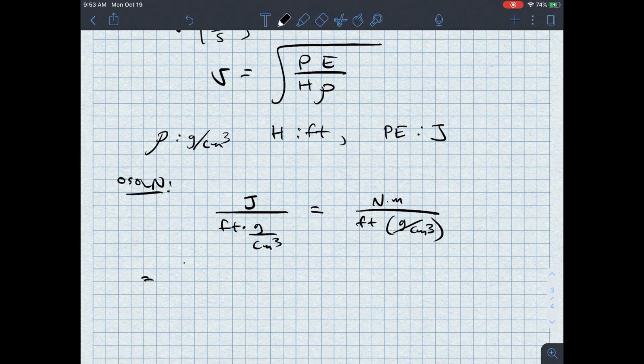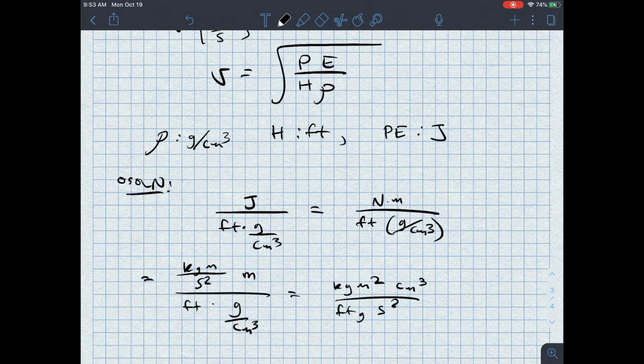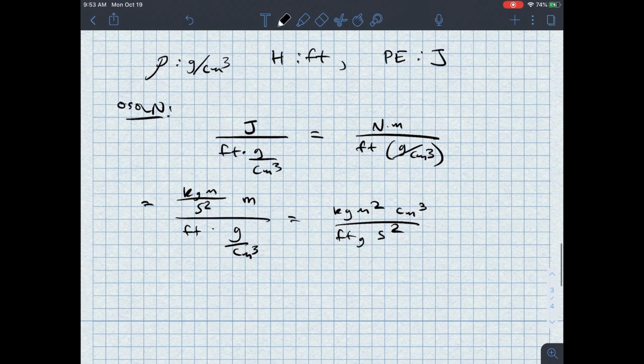I also know that a newton is a kilogram meter per second squared, times meters over feet times grams per centimeter cubed, which is equal to kilogram meter squared times centimeter cubed over feet grams seconds squared.